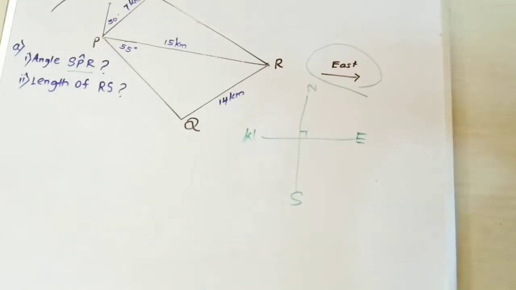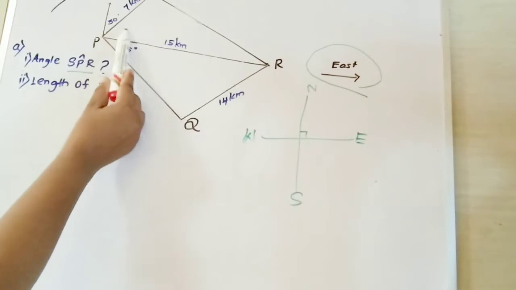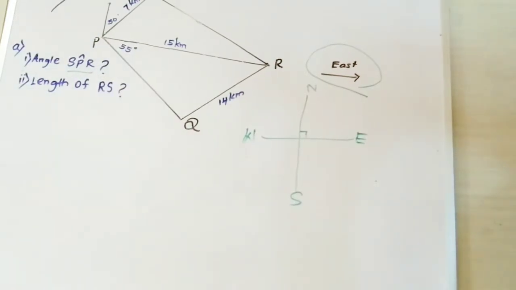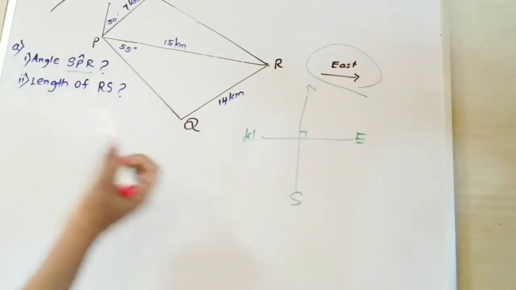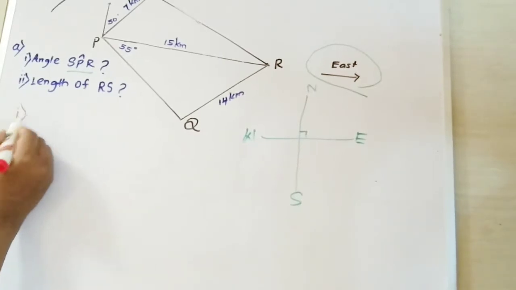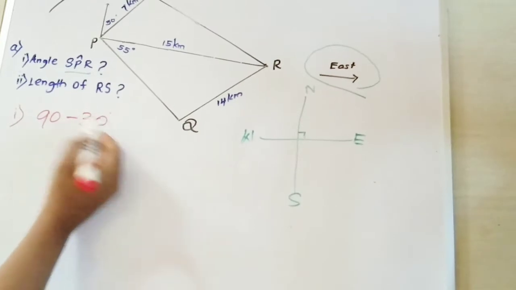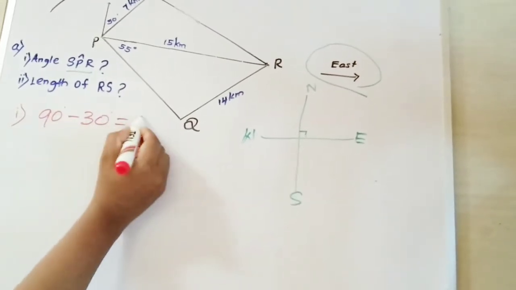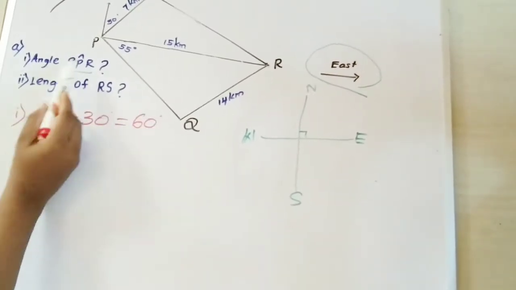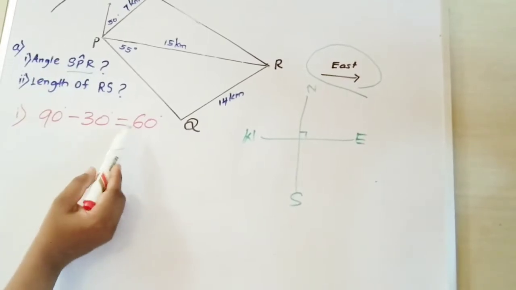So SPR, it's easy. If it is 90 altogether, then SPR is 90 minus 30, so it's 60. The answer is 60.